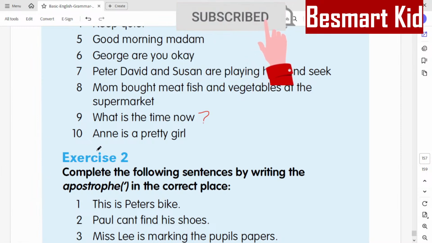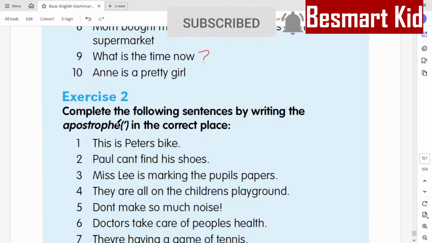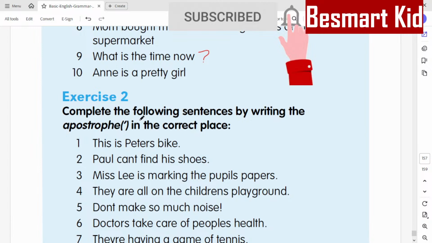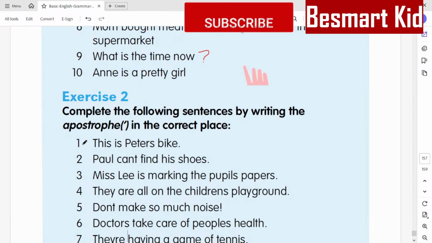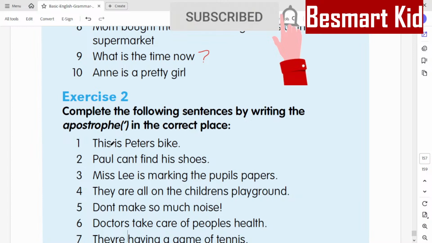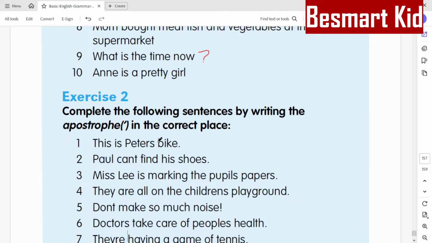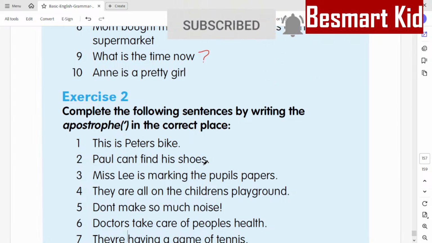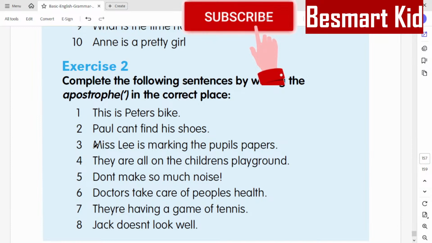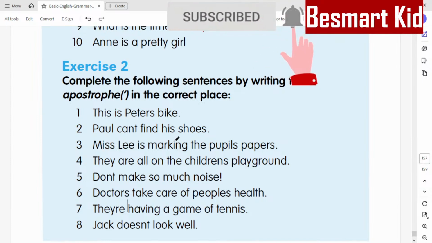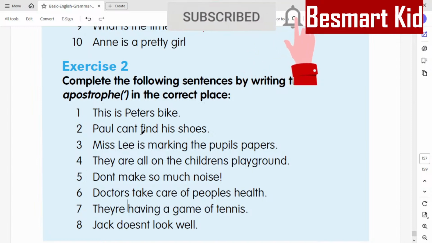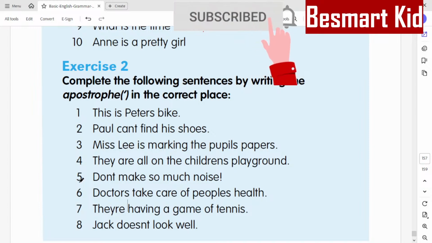Now let's see exercise 2. Complete the following sentences by writing the apostrophe in the correct place. First, this is Peter's bike. Second, Paul can't find his shoes. Third, Miss Lee is marking the pupils' papers. Fourth, they are all on the children's playground.